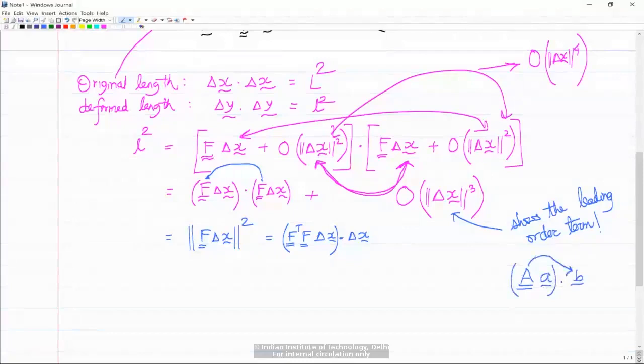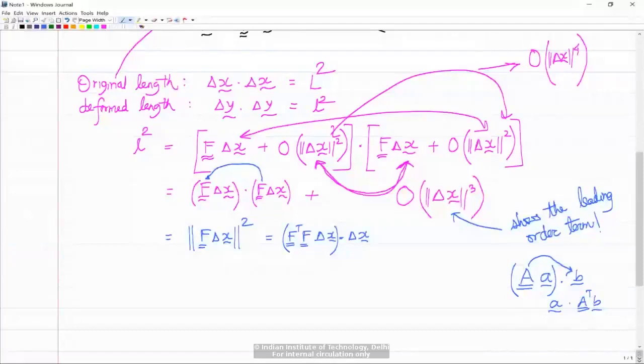Right. Very good, Ritvik. And therefore it becomes A dot A transpose B. Okay, so you can write both the two things.